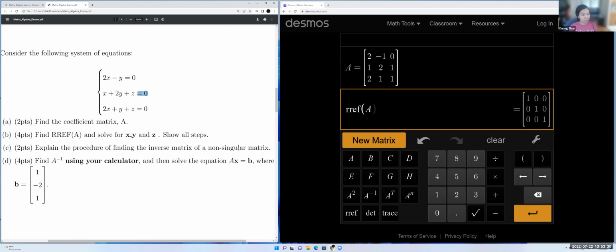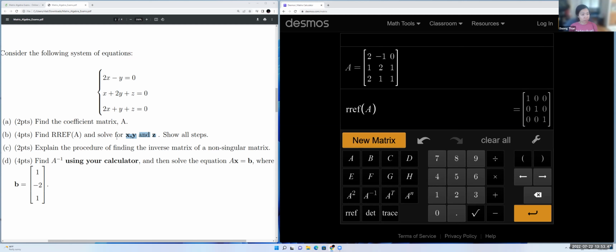And since it's a homogeneous system, I can find the solution of x, y, z to be x equals 0, y equals 0, and z equals 0. Okay.